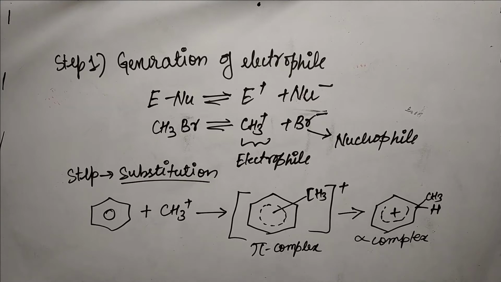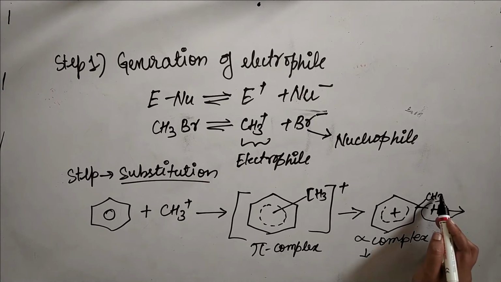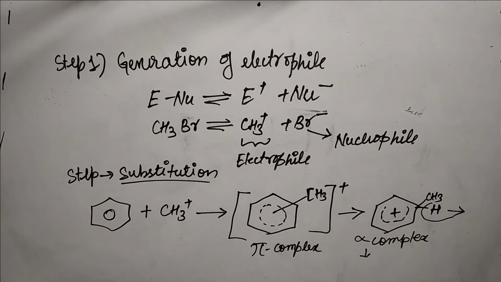So these two are intermediate steps: the pi complex, which then converts into the sigma complex, and at the end the elimination of hydrogen takes place. From the sigma complex this hydrogen will be eliminated and the methyl group will be substituted here.